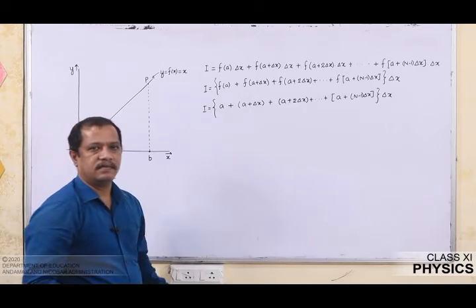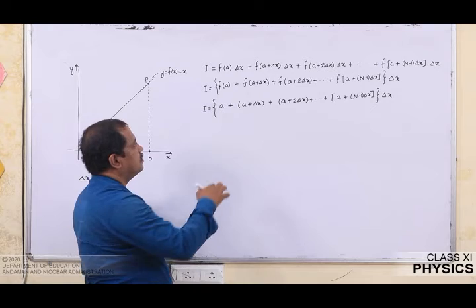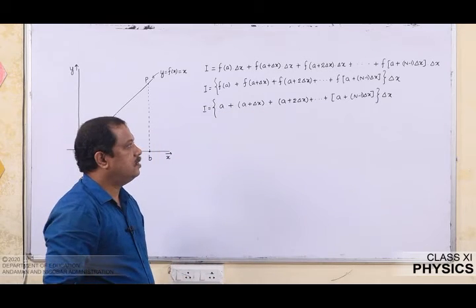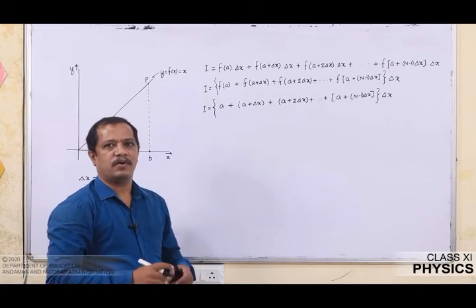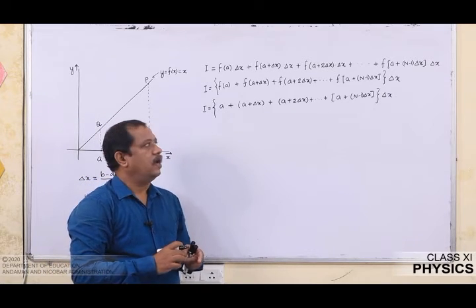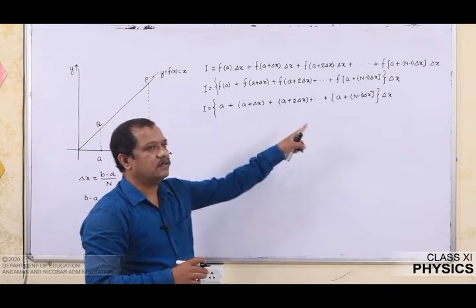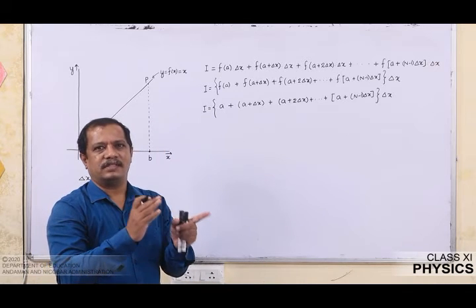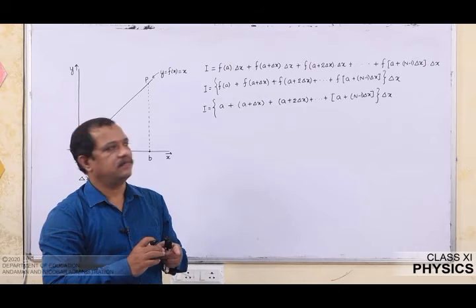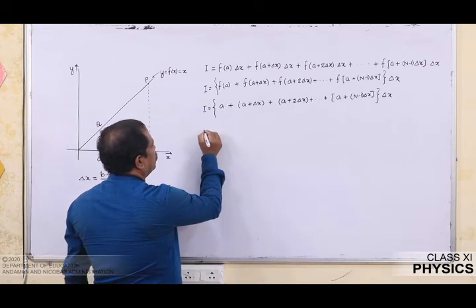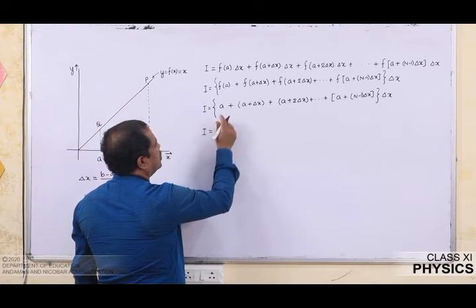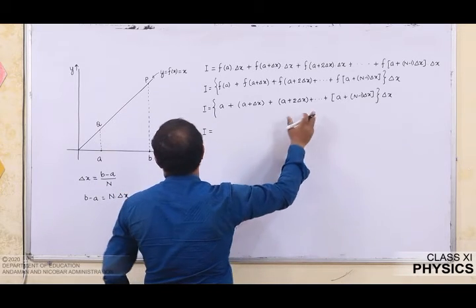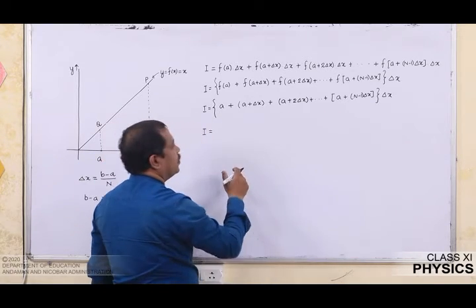Now, if I look into the curly brace, I see that this is an arithmetic progression, and the sum of the arithmetic progression happens to be the number of terms by 2 into first term plus last term. In that case, if I use that formula to find the sum of this arithmetic progression, the number of terms I am going to have is n, because I have divided this area into n strips.